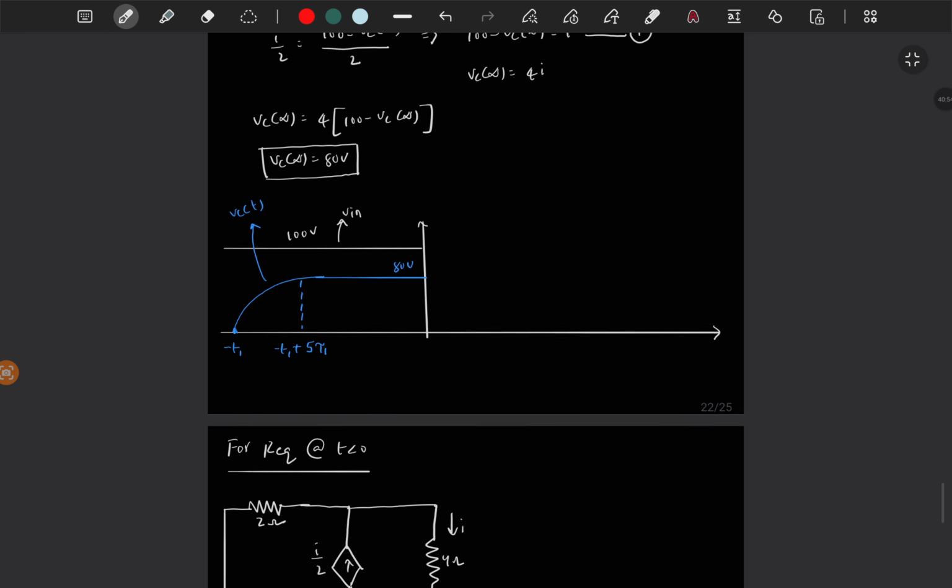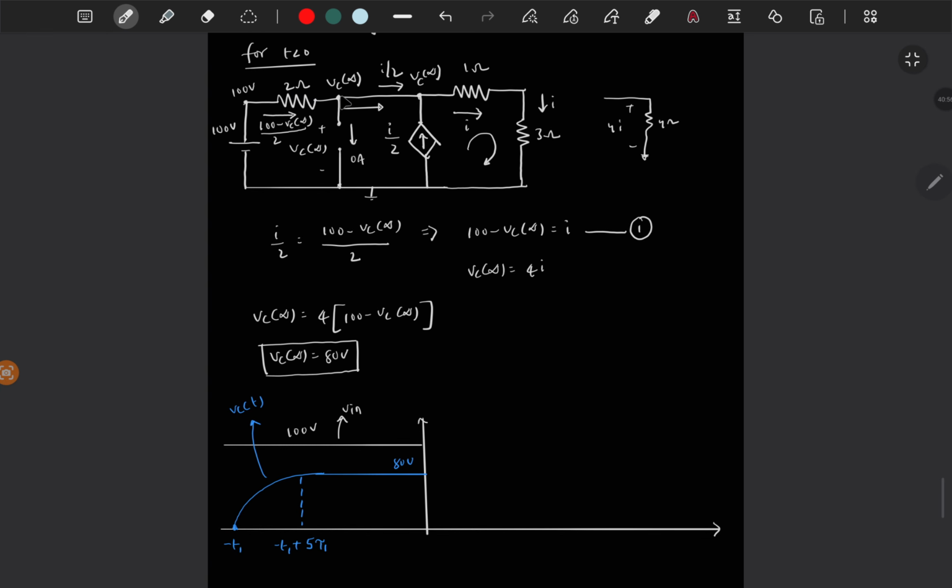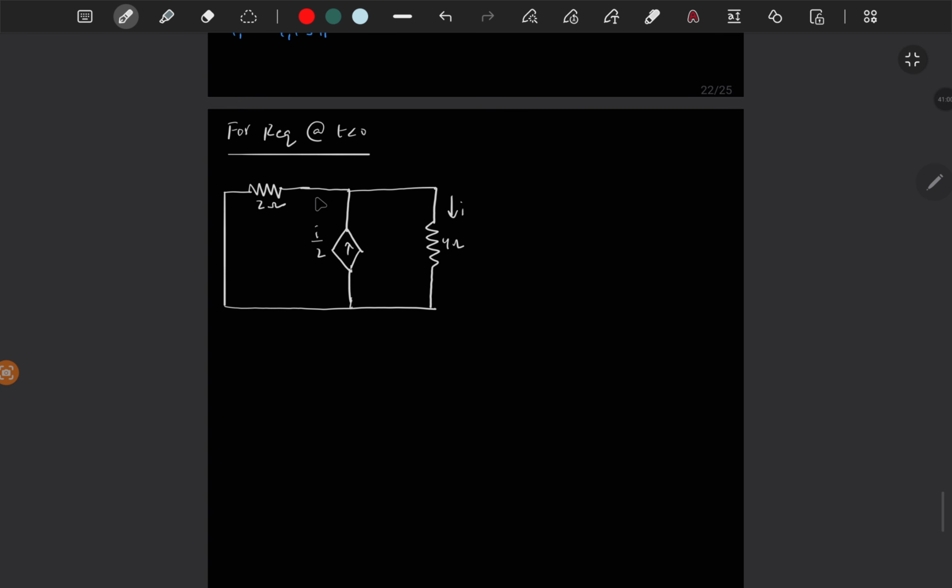Now see here the capacitor terminals is between these two terminals, so we have to find the R equivalent between these two terminals. So let's say this is R1, and let's say looking between these two terminals right side is R2.